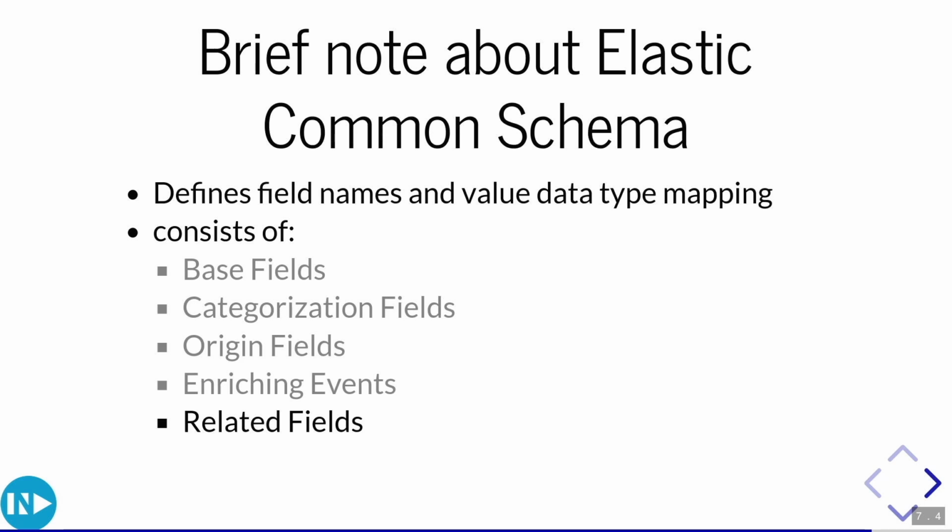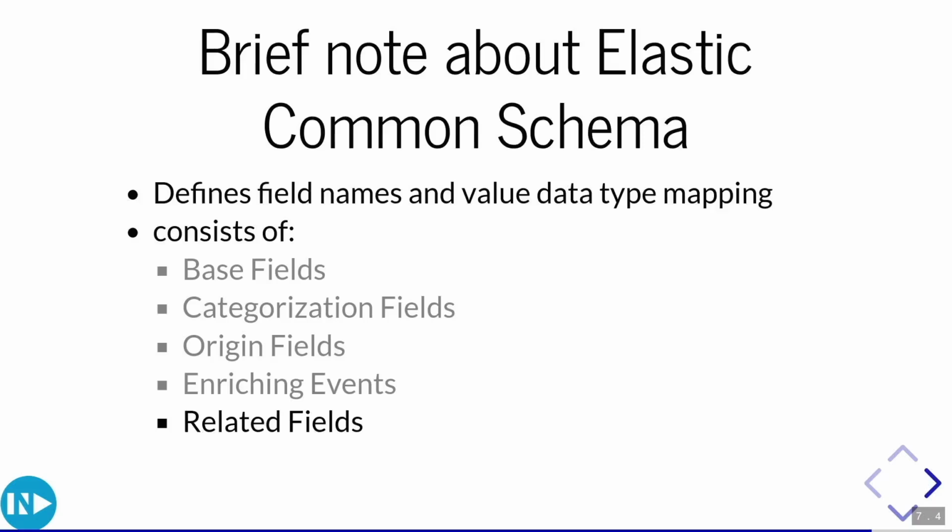And why should you populate these fields? Every IP which appears within a document should be placed in the field related IP. Every username which appears in a document should be placed in related username. Why?